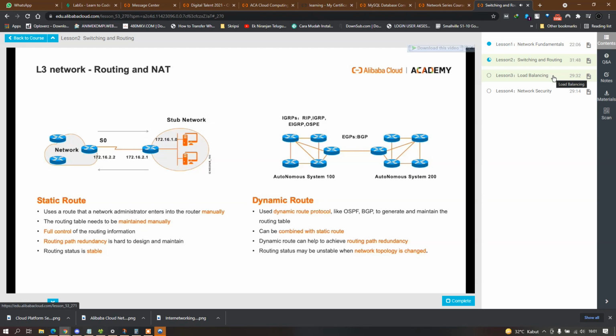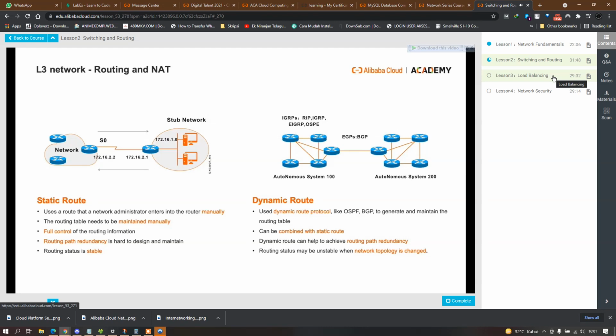But if you are using dynamic routing, because the routing information in the router is dynamically and automatically generated by the dynamic routing protocol, you don't have to care about what will be done once a single point failure happens.